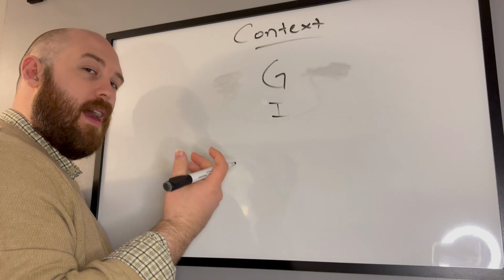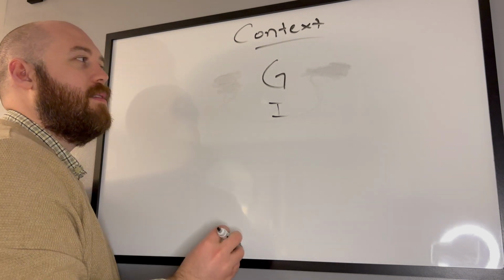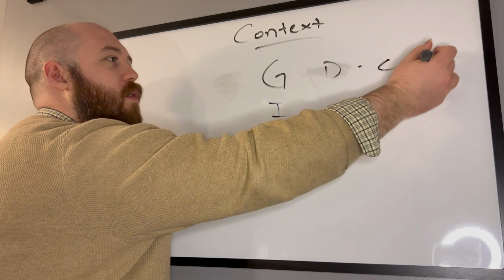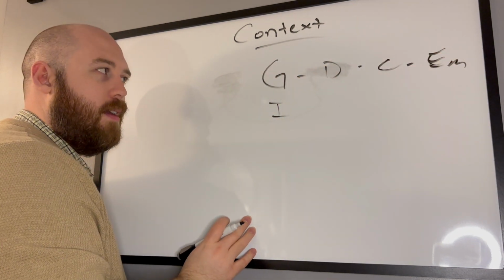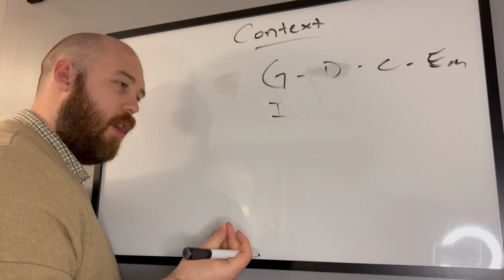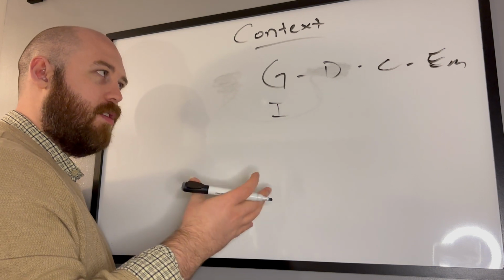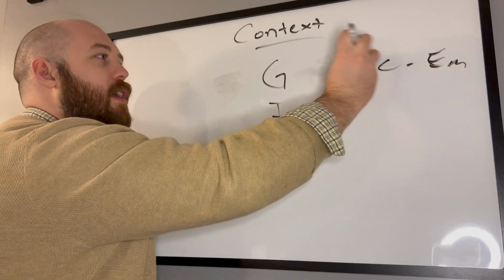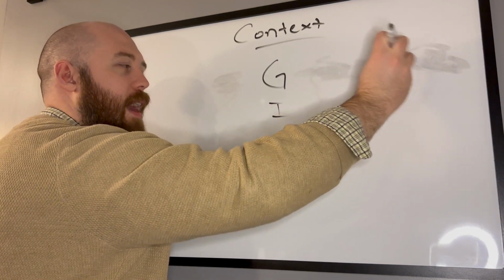It's acting as the tonic, okay? So because of the D chord, because of the C chord, because of the E minor, when you hear G, you hear, okay, we're home. We did it. We're at the end of a progression. We can end the song on this chord, okay? Because of all the other stuff around it. That's what gives your ear context, okay?